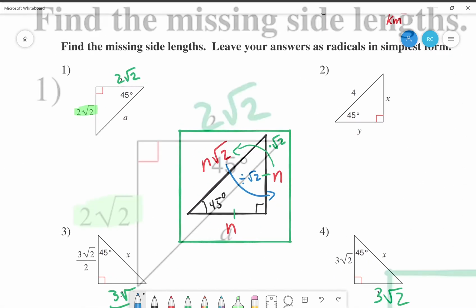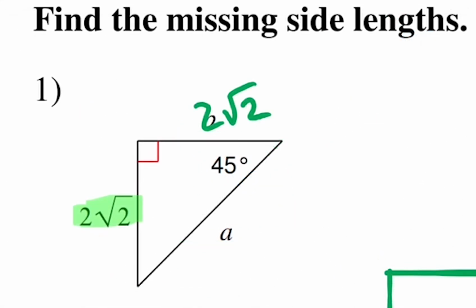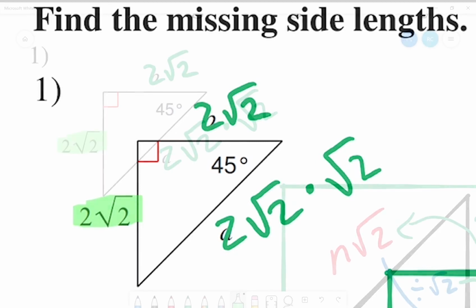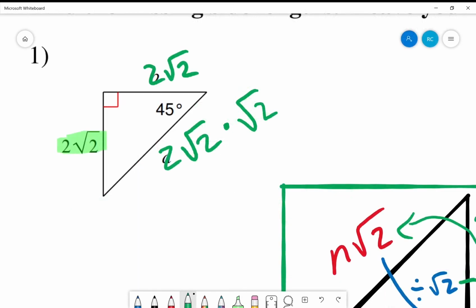So for number 1, we should get 2 times the square root of 2 times the square root of 2. The way these work is that whole numbers multiply with other whole numbers. Square roots multiply with other square roots. That's a little oversimplified, but that's basically the size of it.